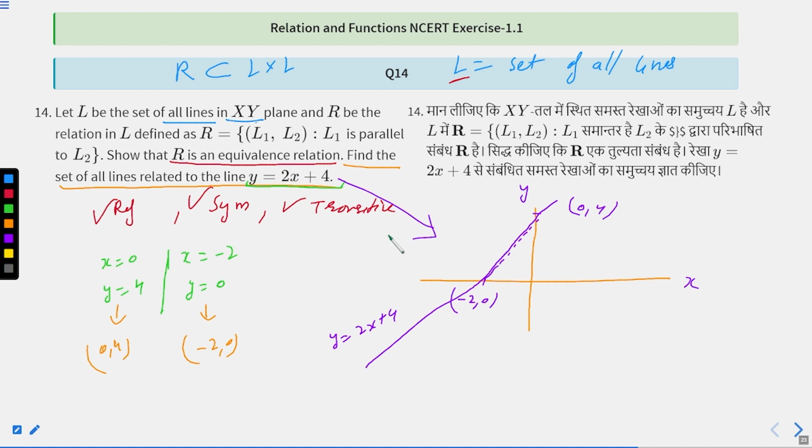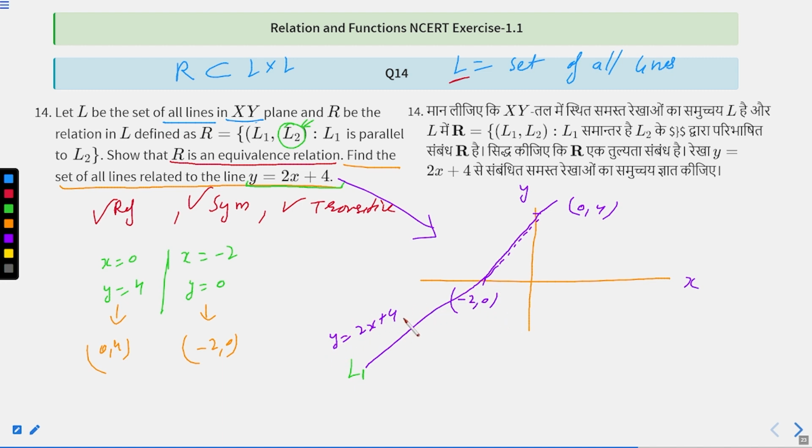So if this is L1, then I need to find L2. What can I fill in this place? This means I need to find all the lines which are parallel to L1. Can you think of any line which is parallel to L1? Yes, it is quite simple.